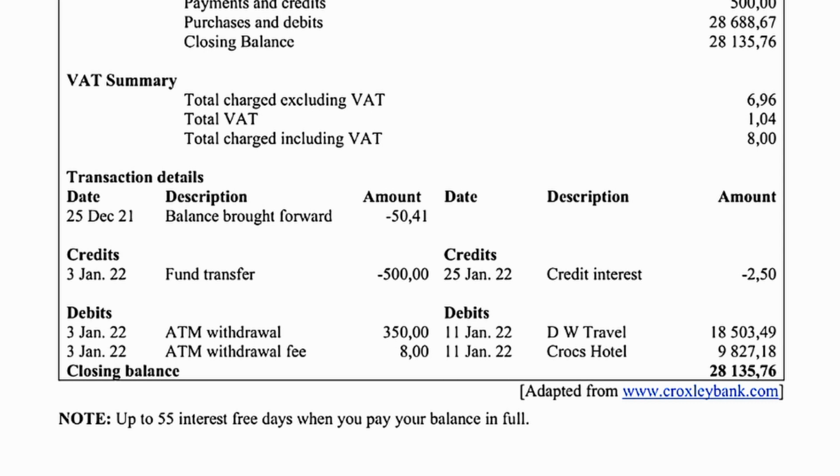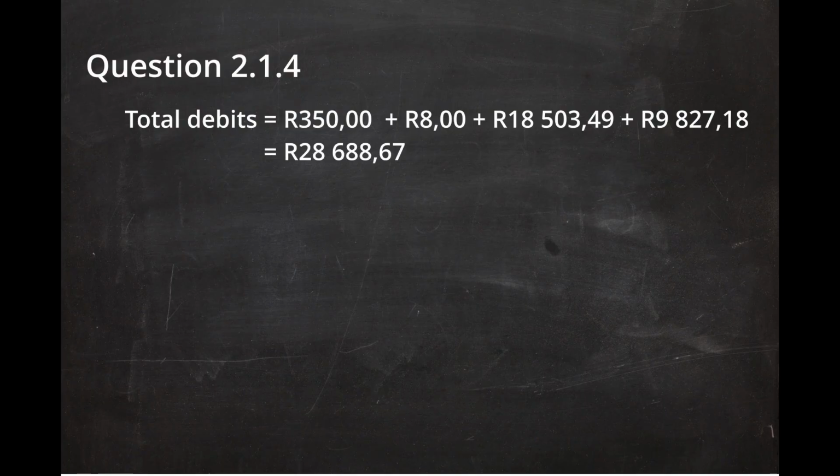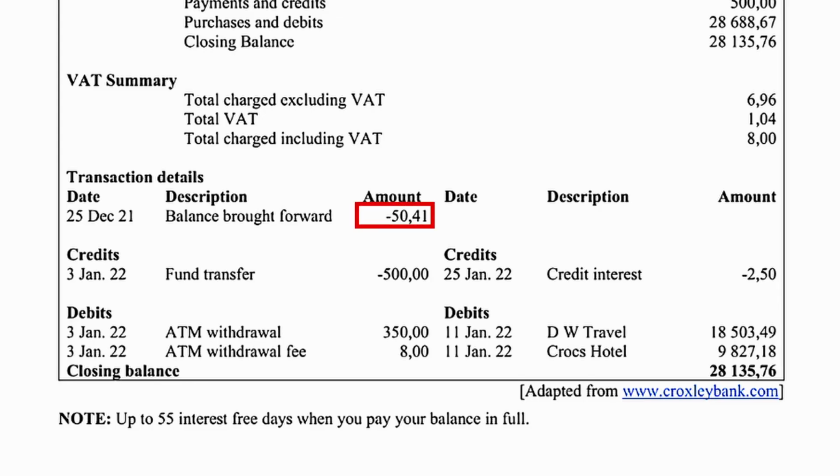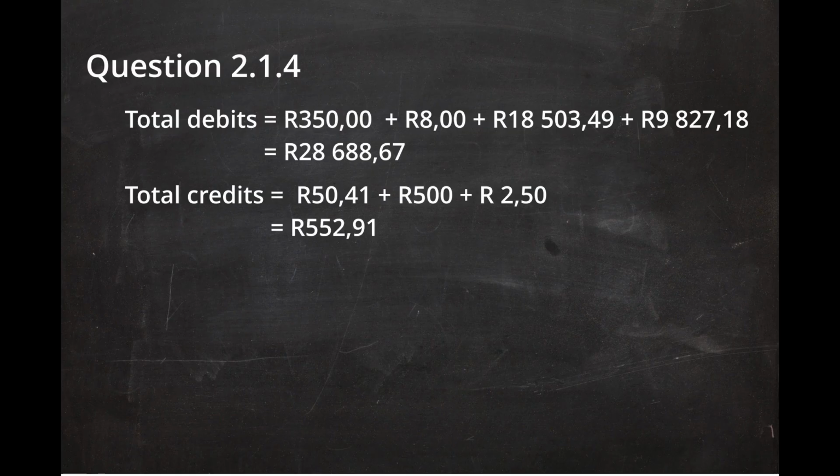The total debits for the month is 350 Rand plus 8 Rand plus 18,503 Rand 49 cents plus 9,827 Rand 18 cents and this equals 28,688 Rand 67 cents. The total credits for the month is 50 Rand 41 cents plus 500 Rand plus 2 Rand 50, and this equals 552 Rand 91 cents.